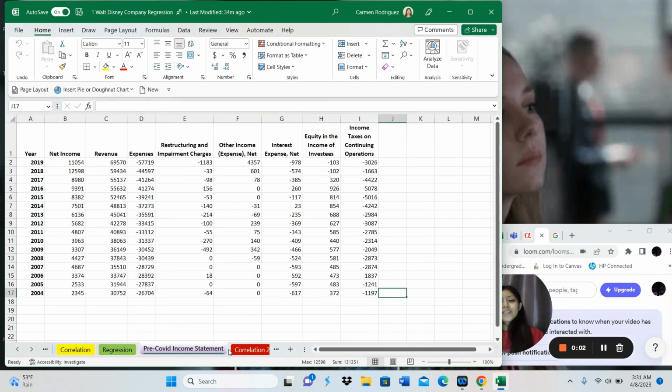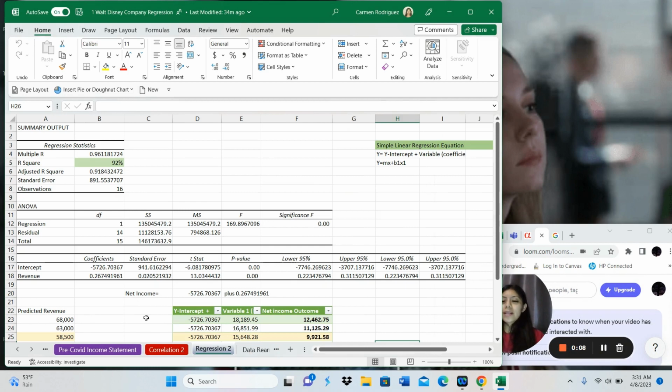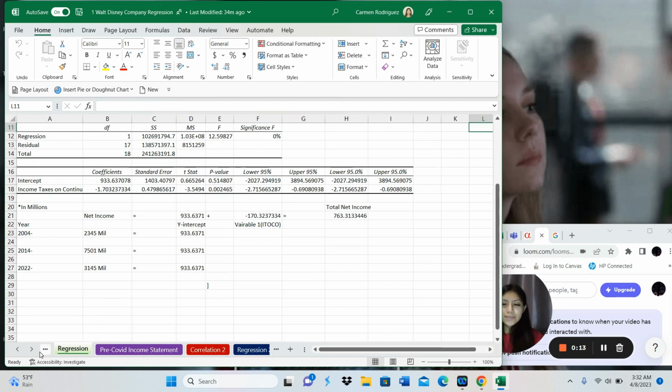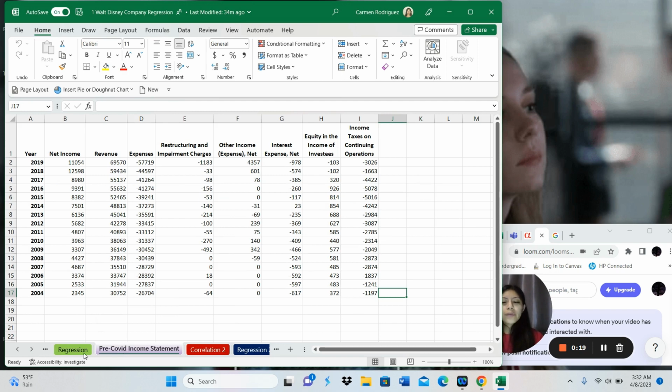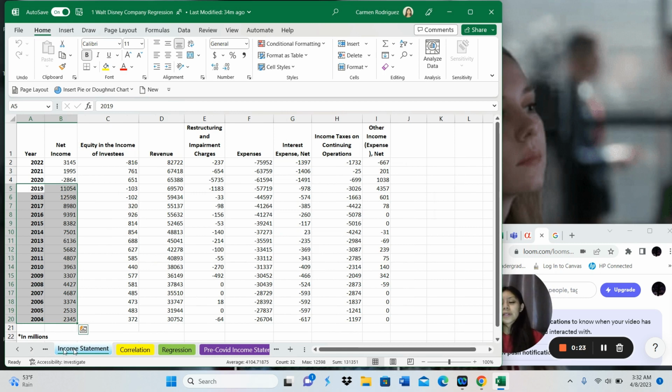Hello, today we're using our pre-COVID income statement to run our regression analysis. But first, I want to start by emphasizing why it's important to perform both a regression analysis for our pre-COVID income statement and our regular income statement over the last few years.